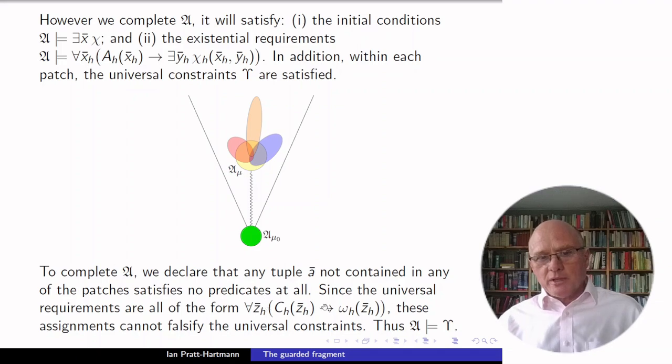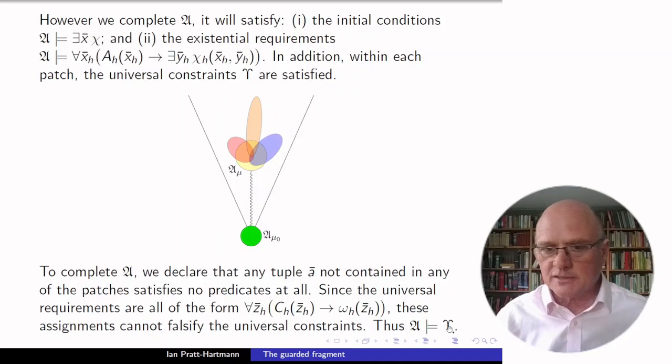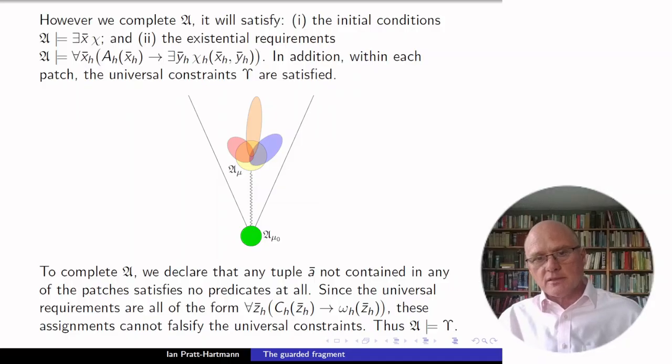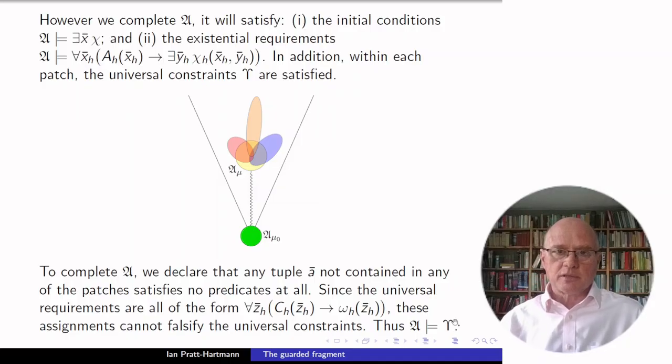Okay, so when we complete the model in this way, we have a structure A which satisfies the initial conditions, satisfies all the existential requirements, and satisfies the universal constraints, and therefore satisfies the formula phi. So we've proved the lemma.